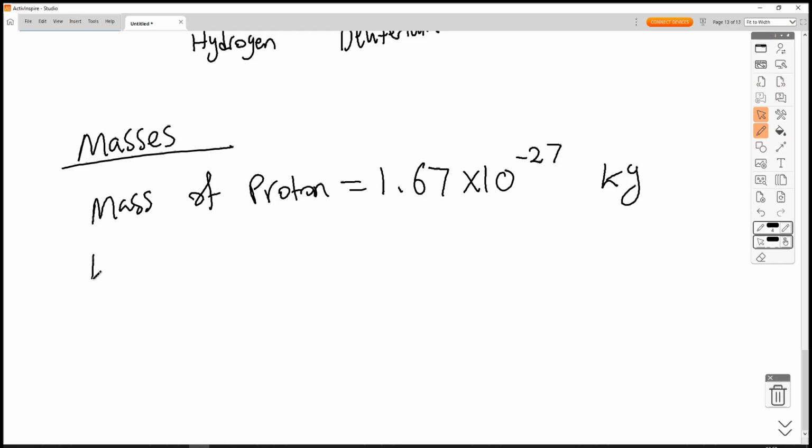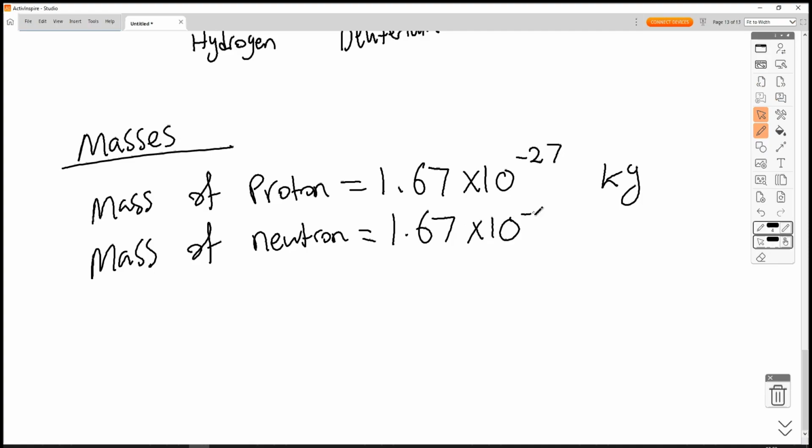The mass of the neutron is almost the same, but it's slightly heavier. Doing it to 2 decimal places, you won't see that the neutron is slightly heavier. So for most calculations, we're using the same number.